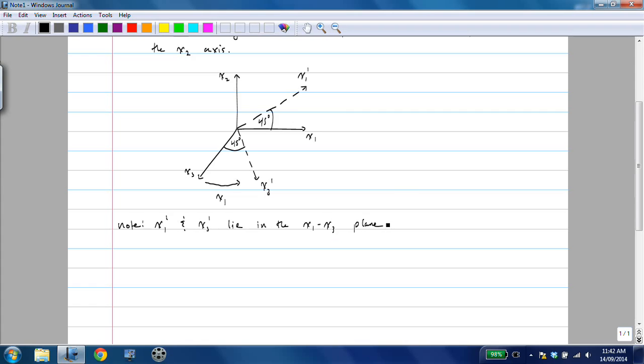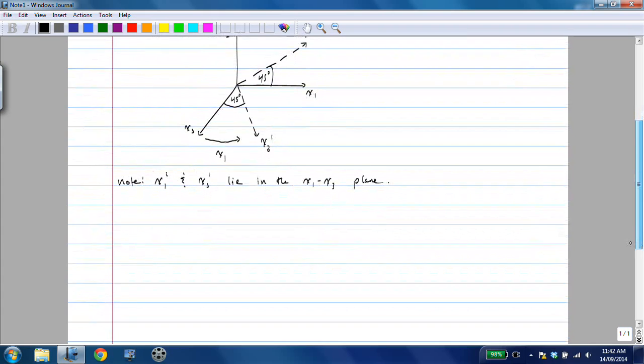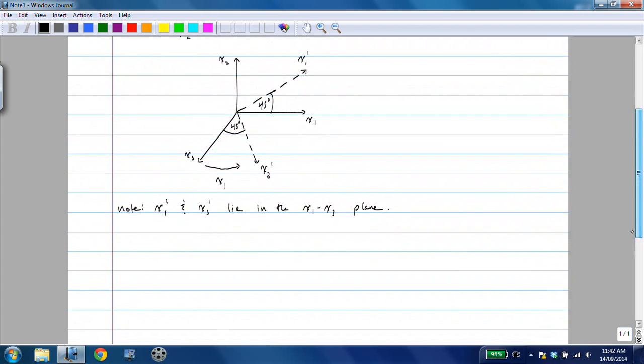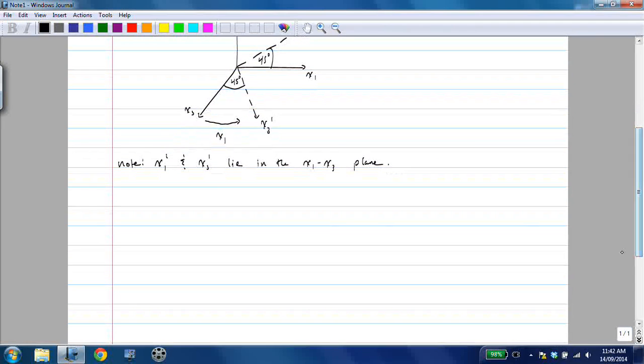All that means is that the plane spanned by x1 and x3, the x3 and the x1 vectors will lie inside of that plane and they'll be orthogonal to the x2 vector. Since they're lying in the plane and x2 is unaffected by this transformation, we don't have to worry about it. We can just draw out a 2D system to make it a little more clear. So I'll label that x1 and this x3.